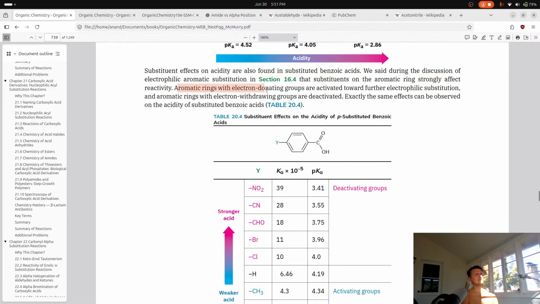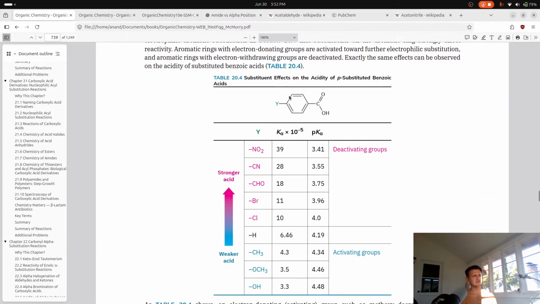Aromatic rings with electron donating groups are activated towards further electrophilic substitution, and aromatic rings with electron withdrawing groups are deactivated. Exactly the same effects can be observed on the acidity of substituted benzoic acids.